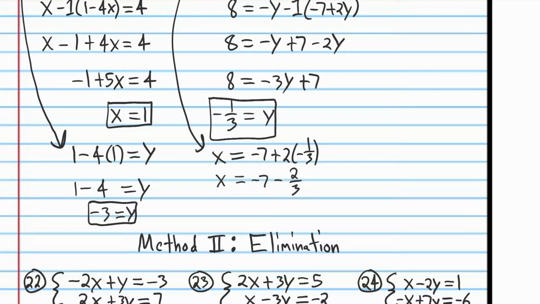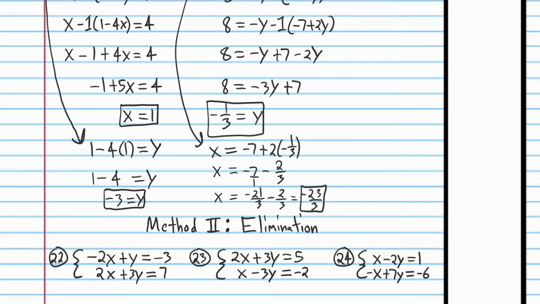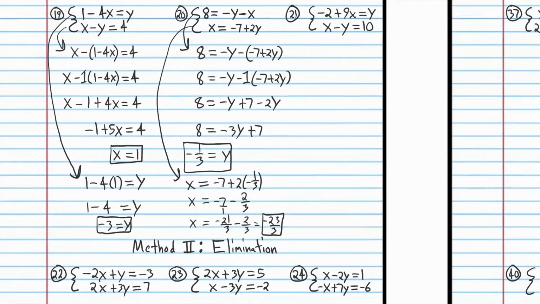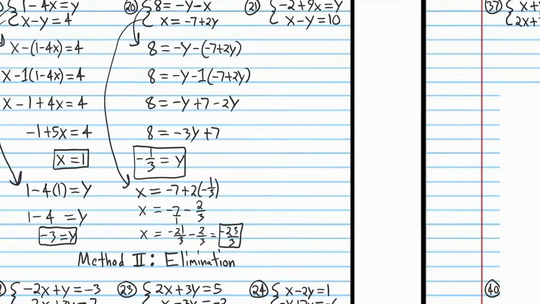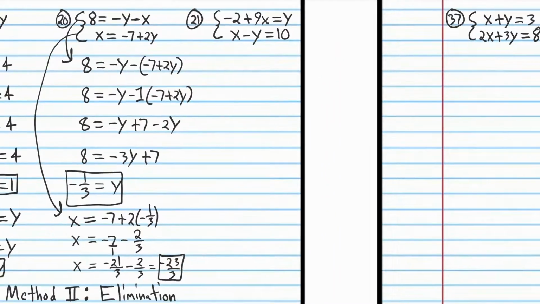You can write that whole number as over 1 and multiply both sides of this fraction now by 3 to get -21/3. And now -21/3 minus 2/3 is -23/3. So x is equal to -23/3 and y is equal to -1/3. So if you got those answers, good job. Try number 21, and when you come back, we'll do it together.